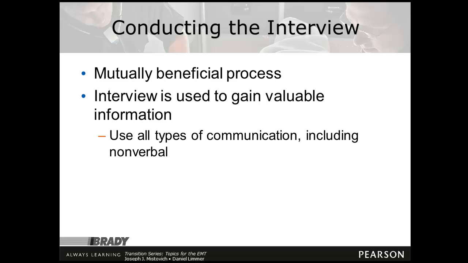Conducting a patient interview is an important technique for an EMT to use. It's a mutually beneficial process. When the patient interview is performed effectively, both the EMT and the patient benefit from the process. The interview is used to gain valuable information about the patient's current problem and helps the EMT determine an appropriate course of action.